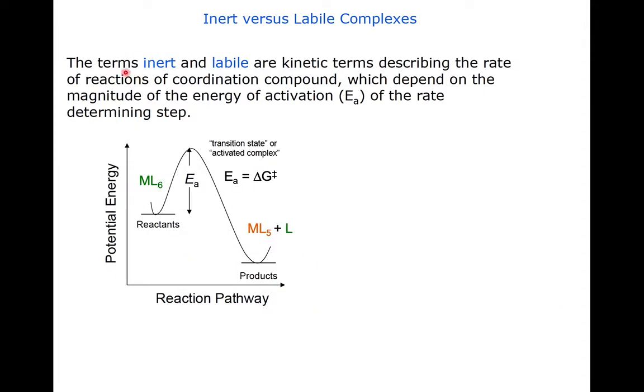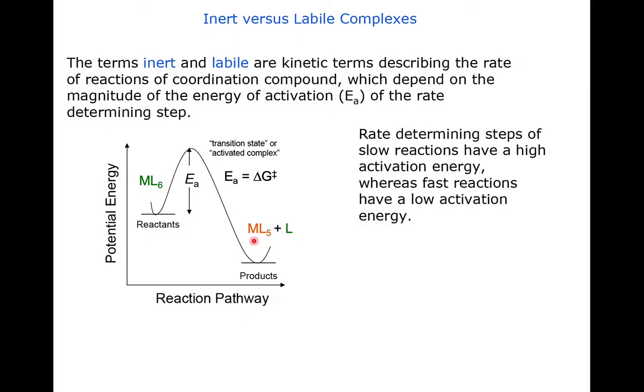The terms inert and labile are kinetic terms, which means they give us some idea about the activation energy. In this case, it's the activation energy we need to go over in order to break a bond to the metal center. For this ML6 complex, it's the amount of energy we need to put in to turn it into ML5 plus L. Rate determining steps of slow reactions have high activation energy.